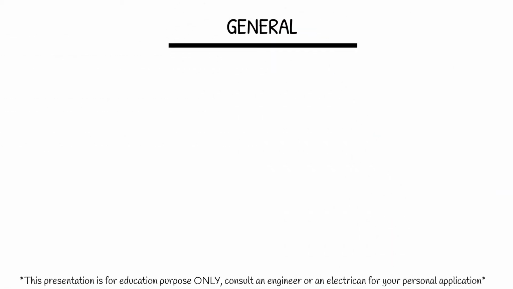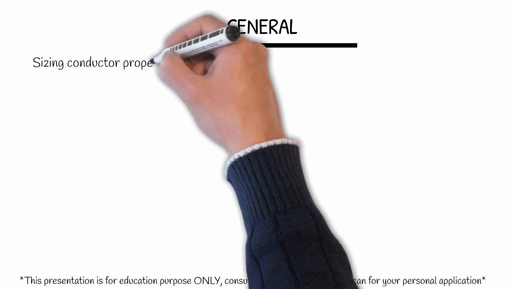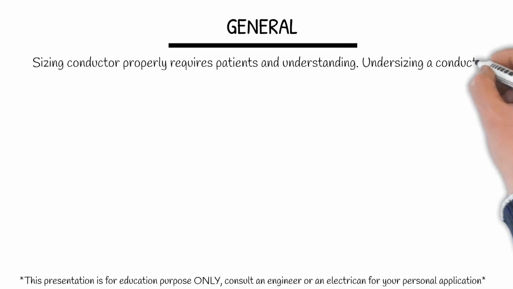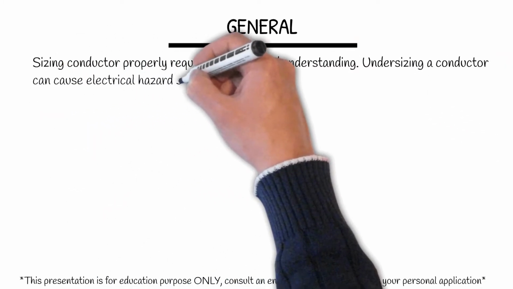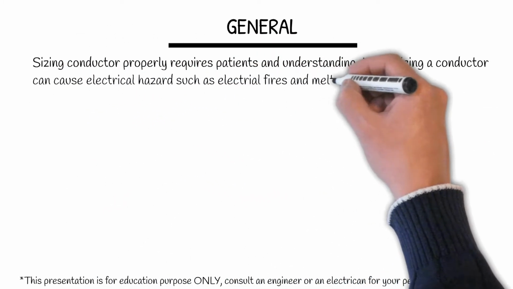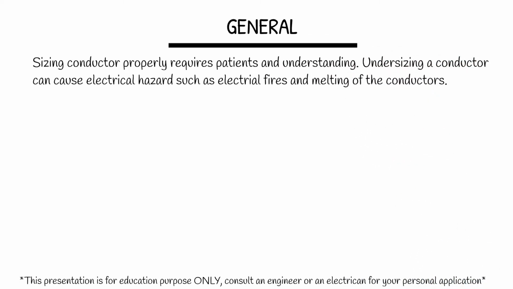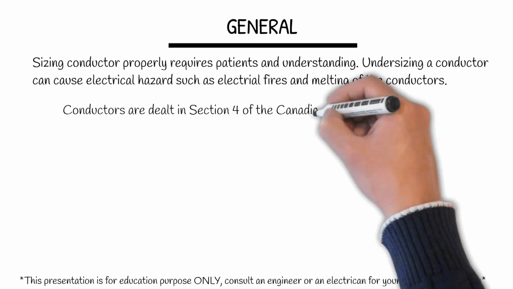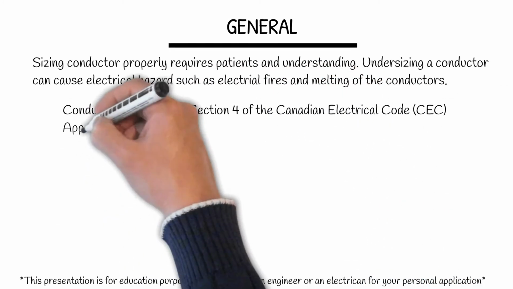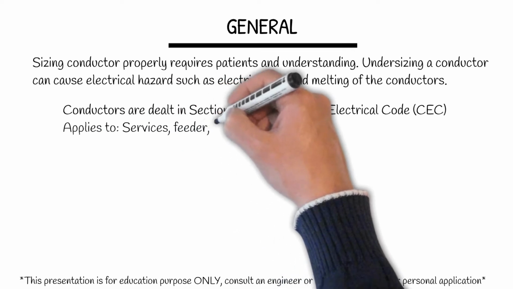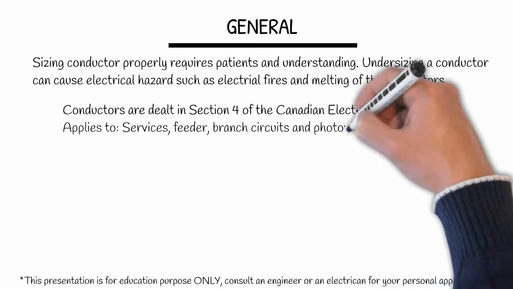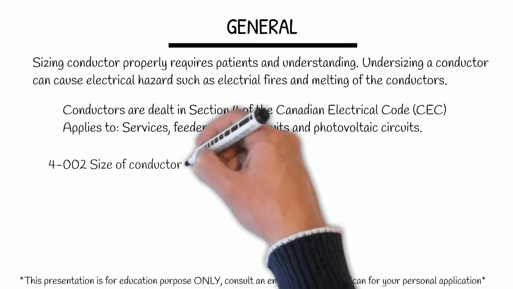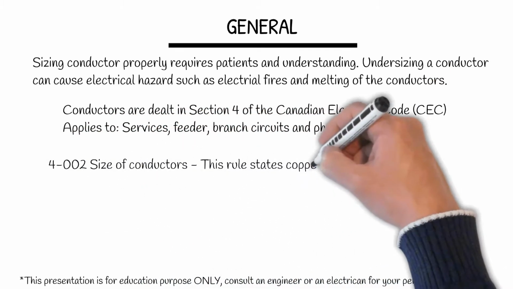General. Sizing a conductor properly requires patience and understanding. Undersizing a conductor can cause electrical hazards such as electrical fires and melting of conductors. Conductors are dealt with in Section 4 of the Canadian Electrical Code, which is the CEC, and applies to service, feeder, branch circuit, and photovoltaic circuits. 4-002 Size of conductors.